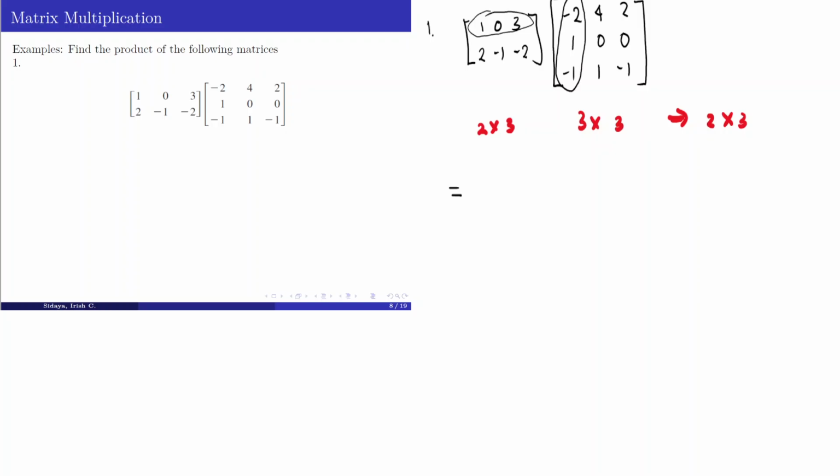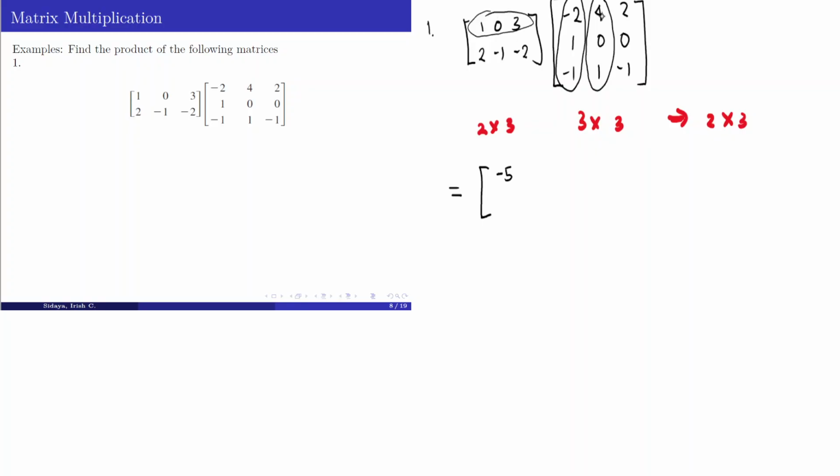And then after multiplying, we add the results. So we will do it mentally. So we'll have here, this one is negative 2, and then 0, and then negative 3. So it's negative 2 plus negative 3. So we have negative 5. And then for the next entry, we multiply again this first row here by the second column of the second matrix.